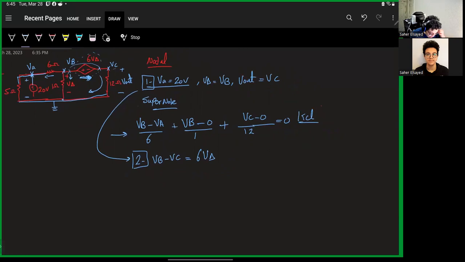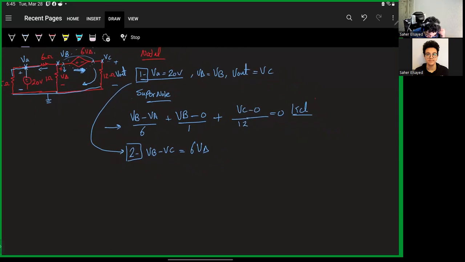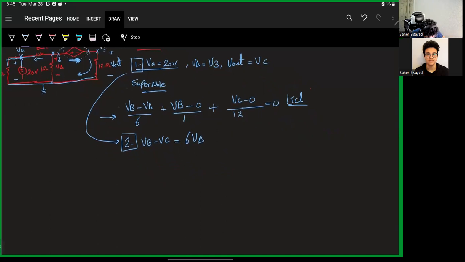So on the equation that we have up here, we can change it a little bit. It's VB now minus VA, which is 20, divided by 6, plus VB, which we don't know, divided by 1. I'm just simplifying here. And VC, what is it?